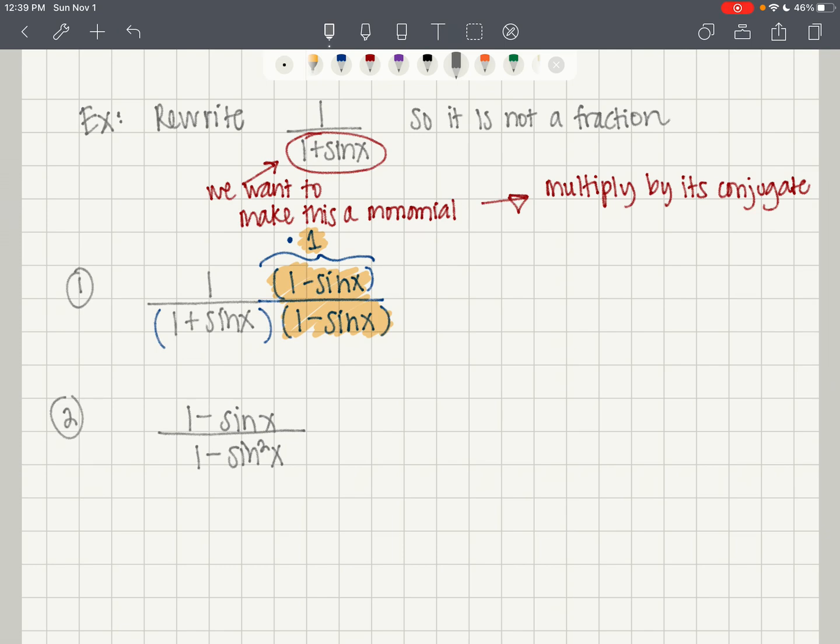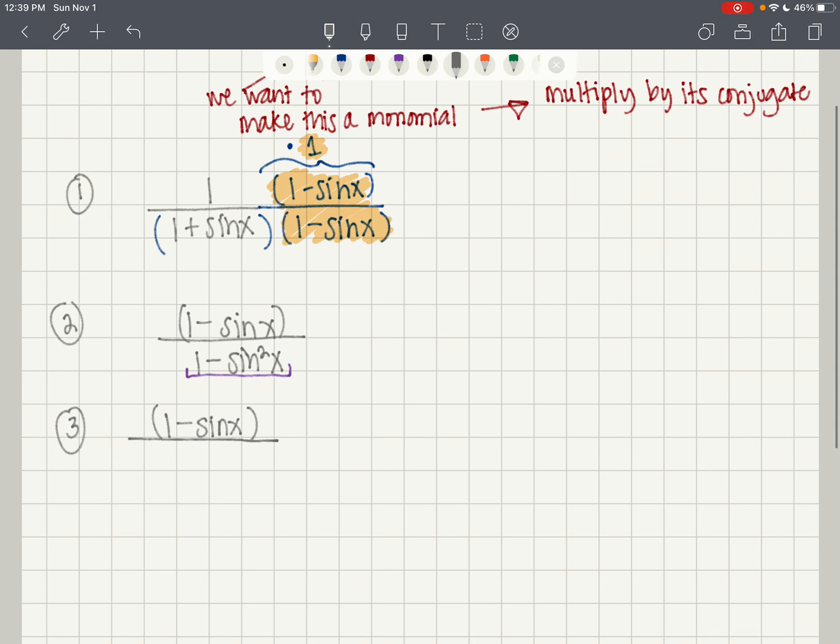Now, don't think that you can cancel out the ones and the signs because those are add-ins. You can only cancel out common factors. So 1 minus sine of x is still essentially in parentheses. 1 minus sine squared, however, we can substitute something in for that. Hopefully you know this by now. 1 minus sine squared is cosine squared.